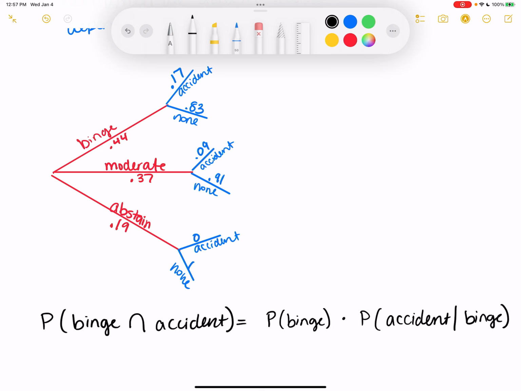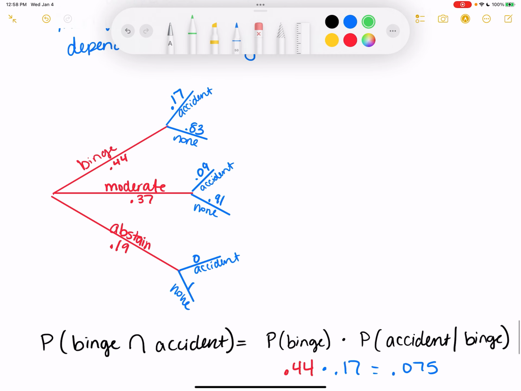And the way that we have this laid out, actually everything is already there for us. So the probability that they're a binge drinker is 0.44. And then the probability that they get in an accident, given that they're a binge drinker, is just this other branch off of here where we have accident coming off of binge. So that would be times 0.17. Which ends up being 0.075.